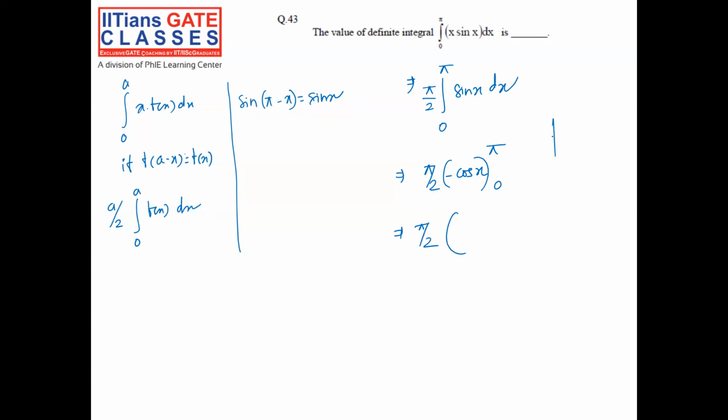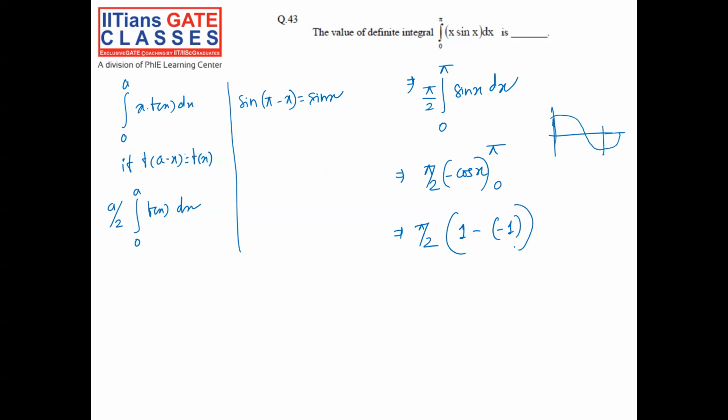Cos pi, if you look into the graph, cos pi is minus 1. Minus of minus 1 is 1, plus 1. Minus cos of 0 is plus 1, and minus cos means it is minus 1.